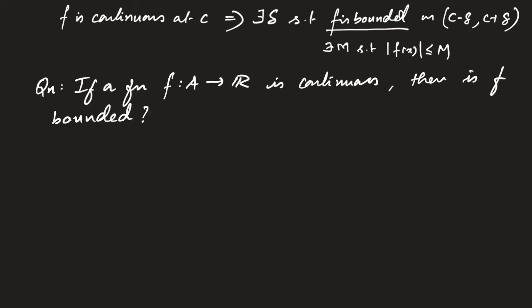Okay, we kind of expect some such result because if a function is continuous at c, then you have some neighborhood in which it is bounded. So if it's continuous at every point, maybe you can get a global bound. That's what you would expect, right? Maybe you should pause the video now for a few minutes and think what the answer to this question should be.